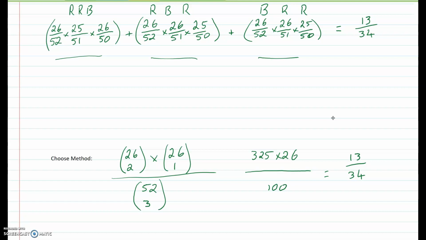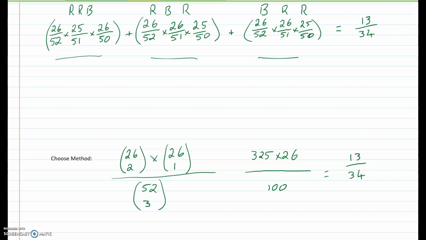I'm just going to give you 1 or 2 questions that use this in the book. So in your book on page 82, question 16, they're talking about a poker hand is dealt randomly. That can be done using the choose method, and question 19 on the same page also can be done using the choose method.